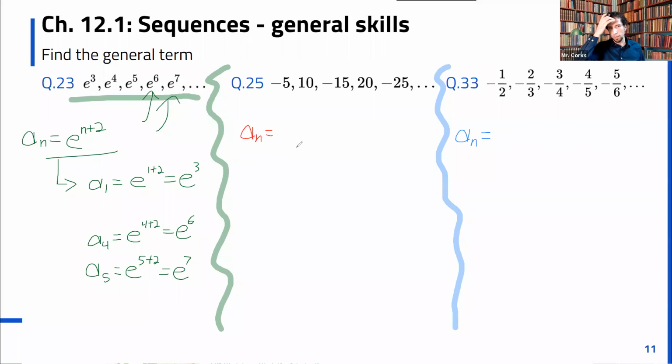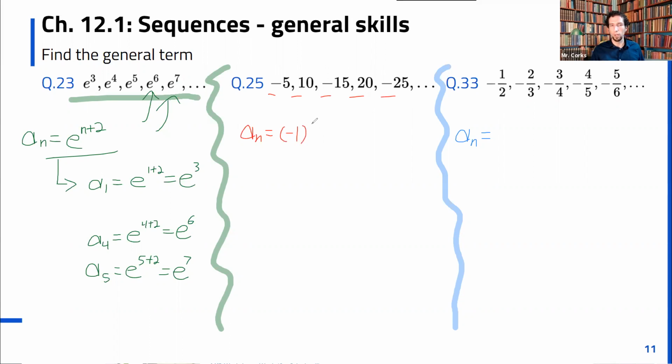Okay, let's try the second one here in the middle. First, I see a negative, positive, negative, positive, negative pattern here. So let's take care of that part first. How can I build negative, positive, negative, positive, negative? Negative 1 to the power of n.